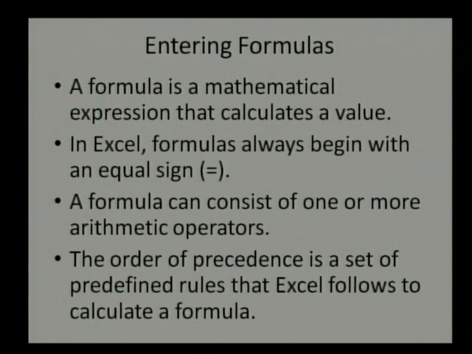Bracket will always be performed first, and then the percentage sign or 'of', like 20% of 500 rupees. Then division and multiplication will take place, and the last operation performed by Excel is addition and subtraction.